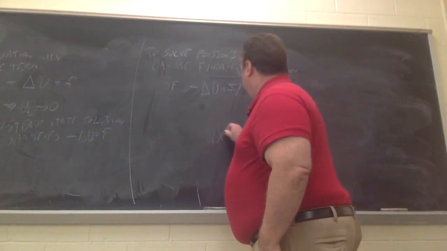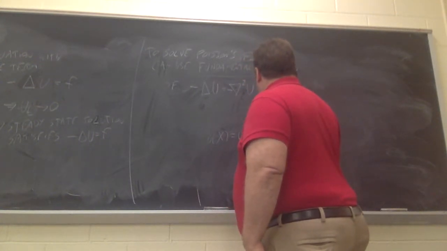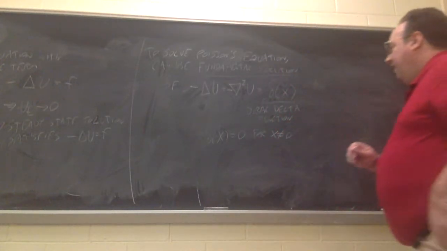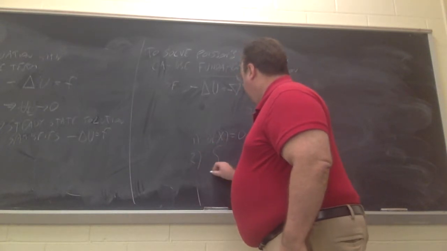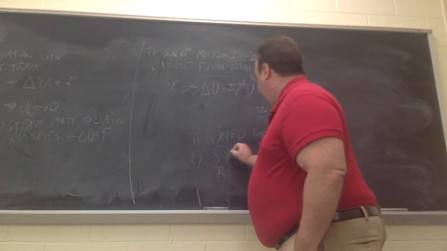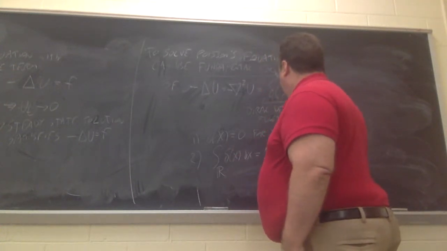So delta of x is equal to 0 for non-zero x, and the integral over the entire real number line of a Dirac delta function is equal to 1.